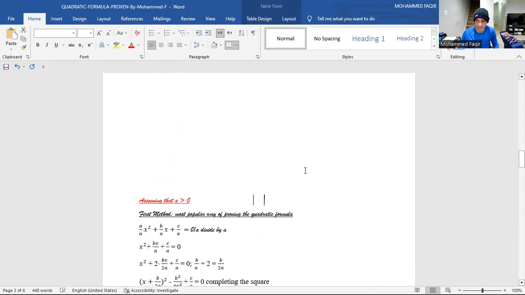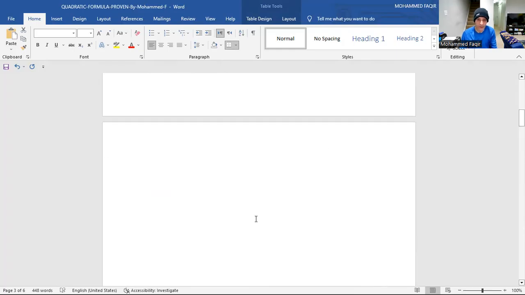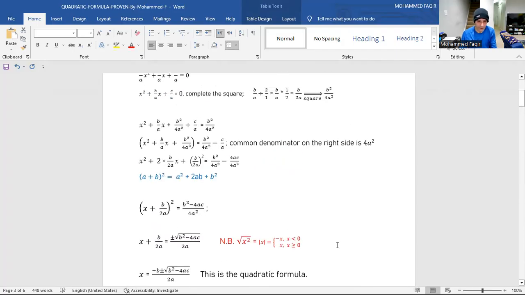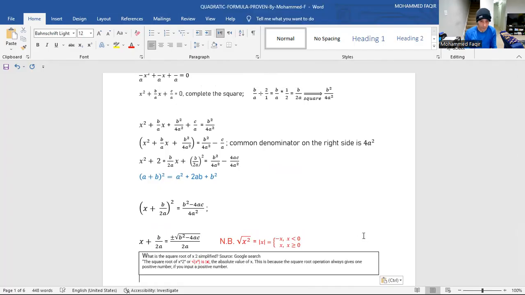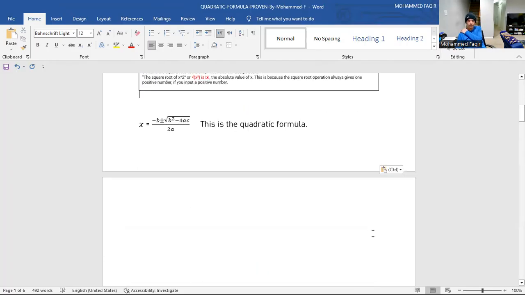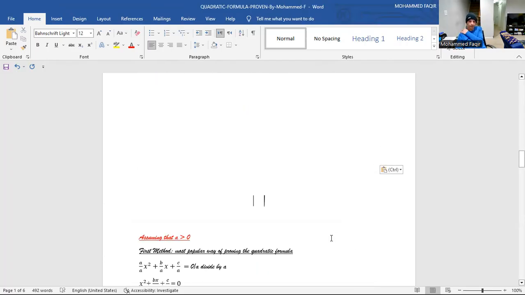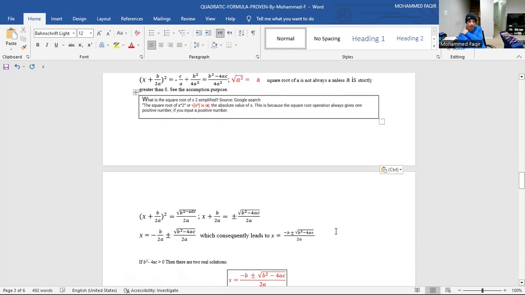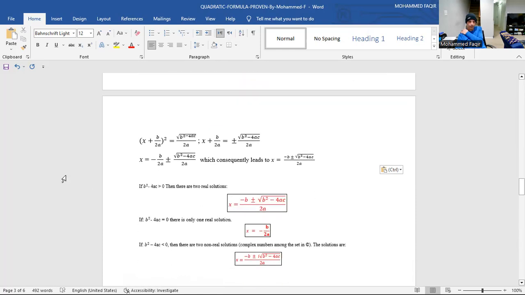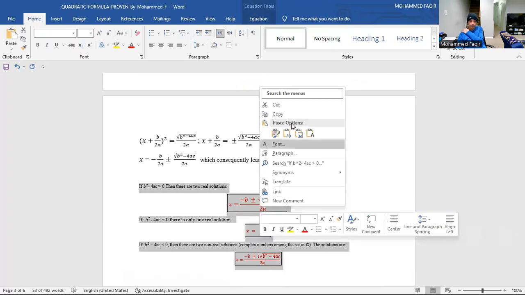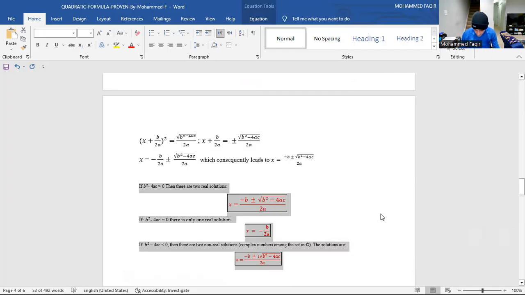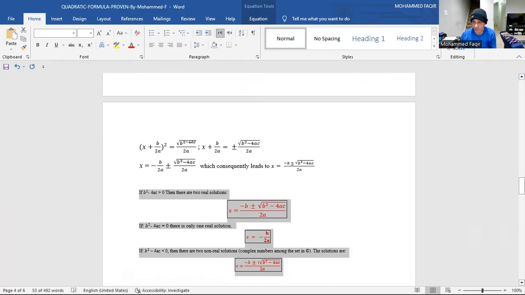And then I'll discuss the solutions. So those are the solution sets, depending on this discriminant. So I'm gonna go ahead and put them in there.